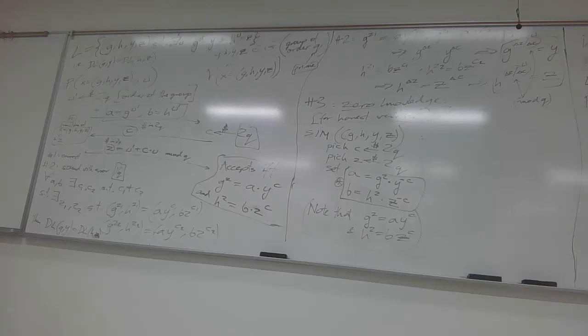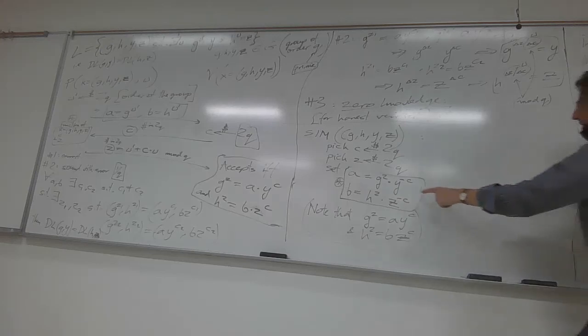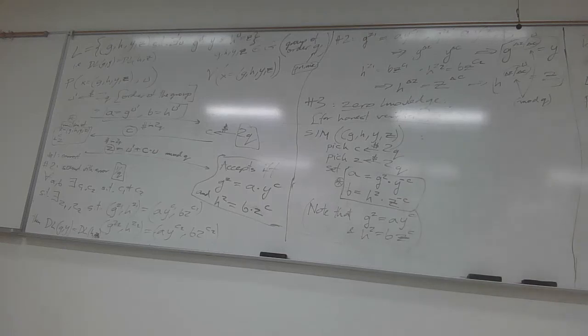So he computes A and B as values that would verify: G to the Z times Y to the minus C, and H to the Z times Z dash to the minus C. And accepts if and only if C is the hash of the proper stuff, which was the statement and this presumed first message.